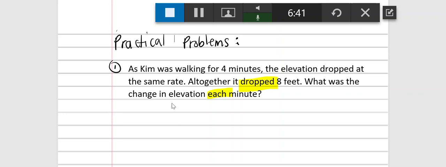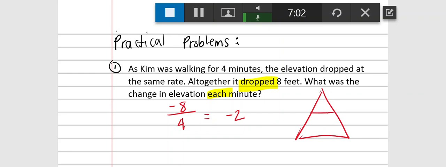So if I drop altogether 8 feet, that's going to be negative 8, divided by my 4 minutes, this should get me a negative 2. If you need to refer to your triangle, draw it over here to the side. Remember, negatives sink to the bottom, positives are up top. If I have a negative 8 and a positive 4, I have a negative answer remaining. So it drops 2 feet per minute.